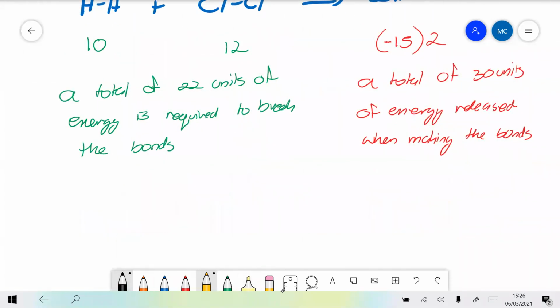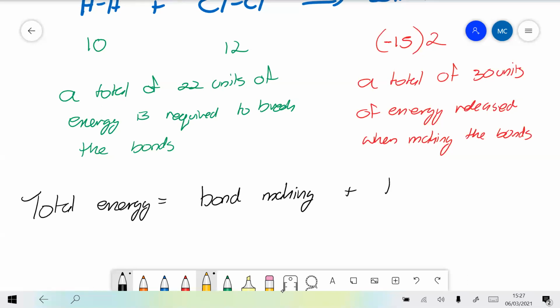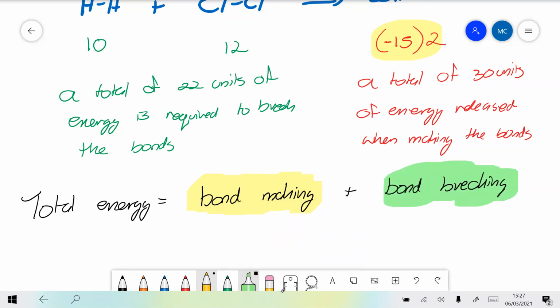So total energy for this reaction is equal bond making plus bond breaking, where the bond making is going to be the minus 30 and the bond breaking is going to be the 22.